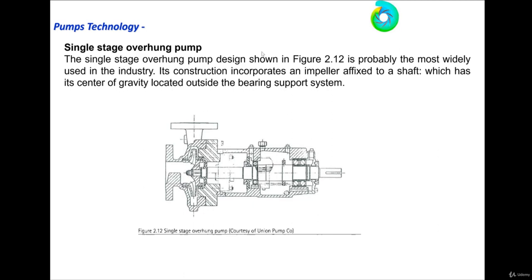This pump is the most widely used in industry, the most widely used pump in all applications in different industries. Its construction incorporates an impeller affixed to the shaft, which has a center of gravity located outside the bearing support system.